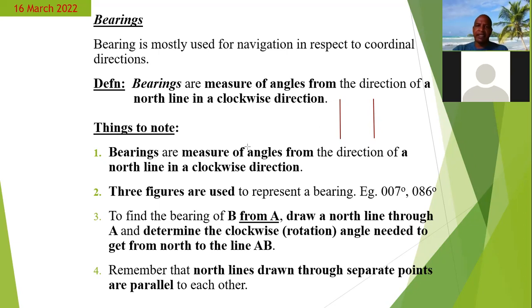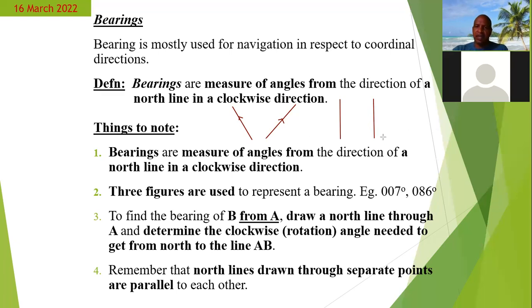If they are divergent, they are going away from each other outwards. If you put an arrow on this one and another arrow on this one, you'll realize that going in that direction, they are spreading apart from each other. So they will never meet, right? So we say that they are diverging.